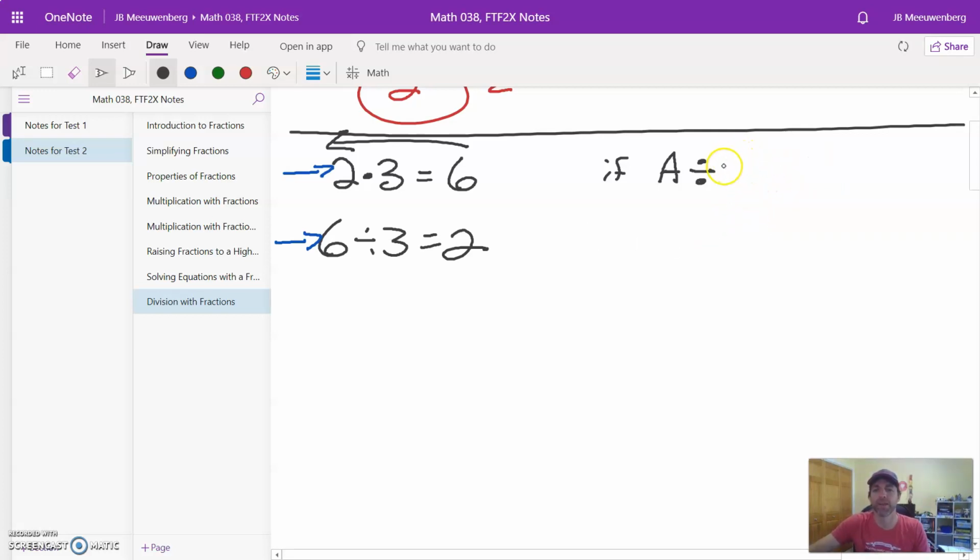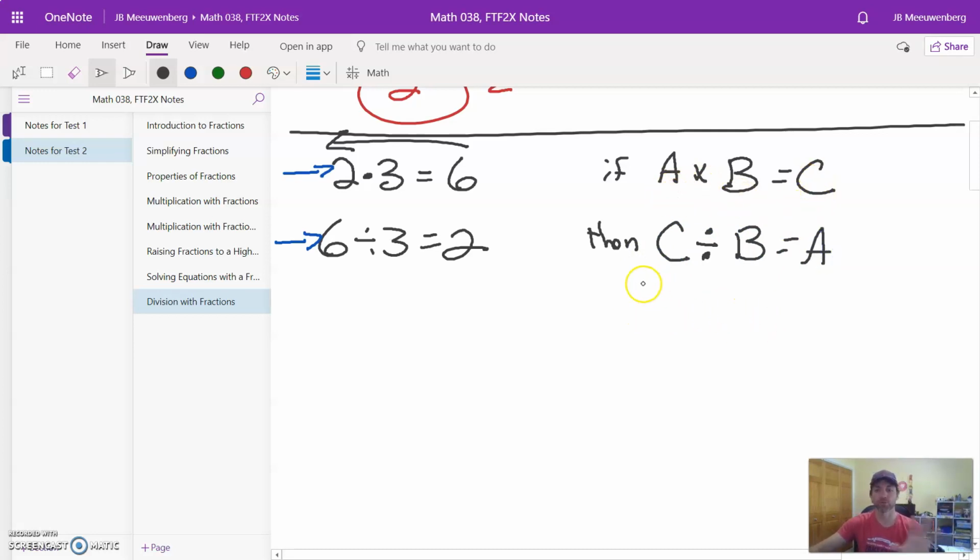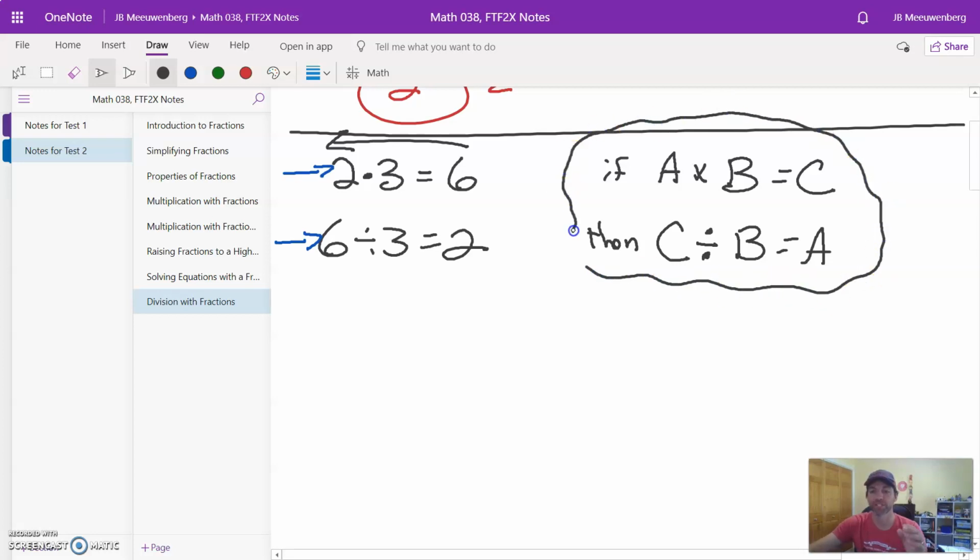I should have said if A times B is equal to C, then C divided by B is equal to A, right? So we're working it backward. All right, so we're just going to hold on to this little nugget of information, all right? So division is just simply working multiplication backward.